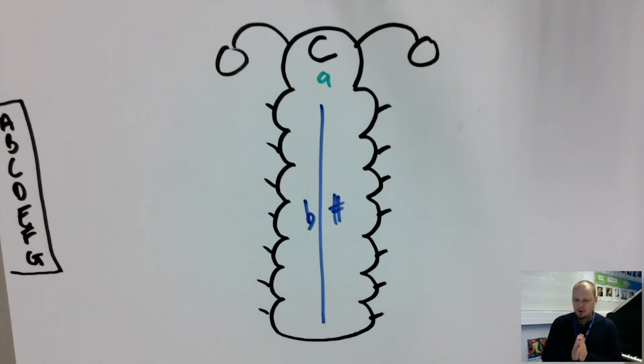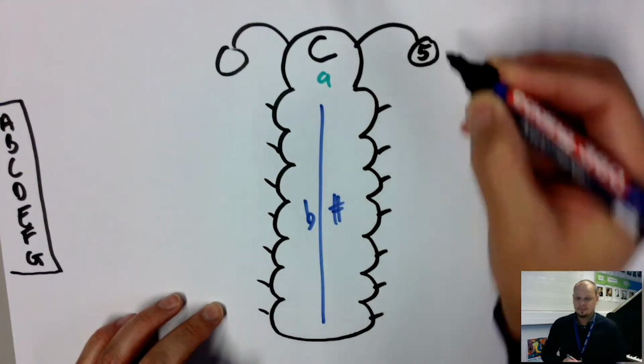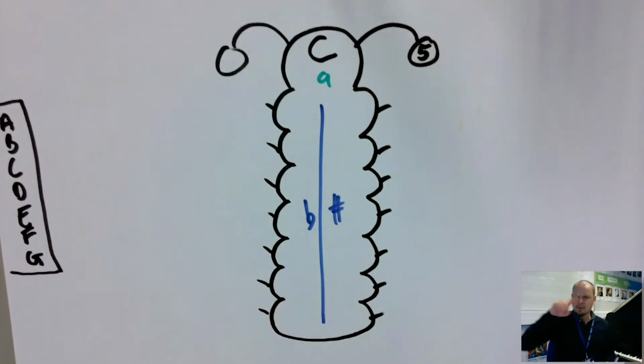So the word sharp has S-H-A-R-P. That's 5 letters in the word sharp. So therefore, we're going to use that to work out all our sharp keys. We're going to jump up 5 to work out those sharp keys. So let's just see how that works.